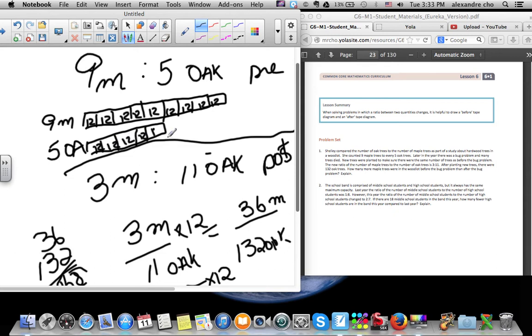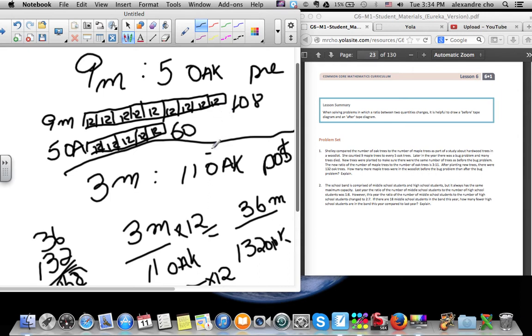So, in my pre-bug days, there were how many oak trees? 12 times 5 gives me 60, and 12 times 9 gives me 108, and those are my new numbers. So, there were 108 maple trees and then 60 oak trees, and then they had a bug problem.